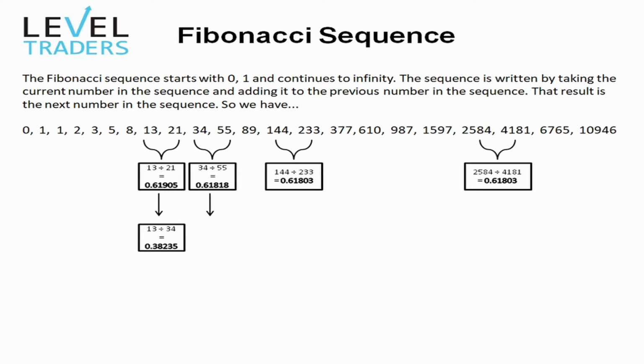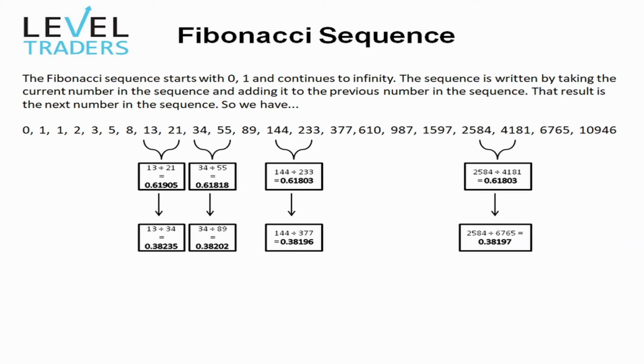We take 34 and divide that by 89 instead of 55. You've got 0.38202. And so what you notice is as you go further down the chain, you get 38.2%. Another retracement level. But it doesn't stop there.